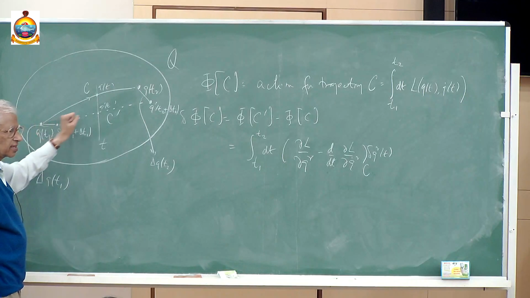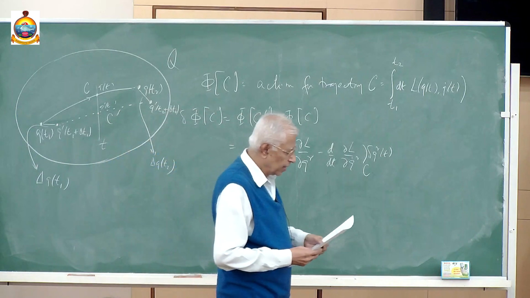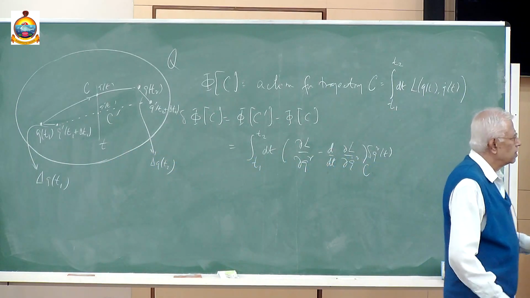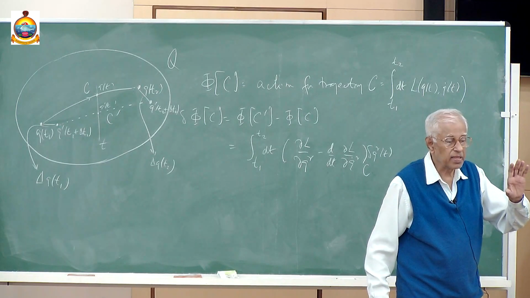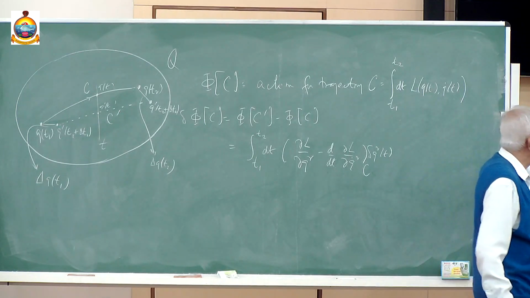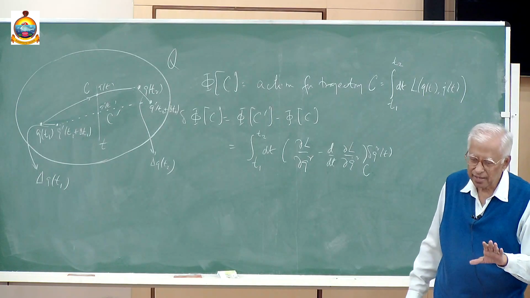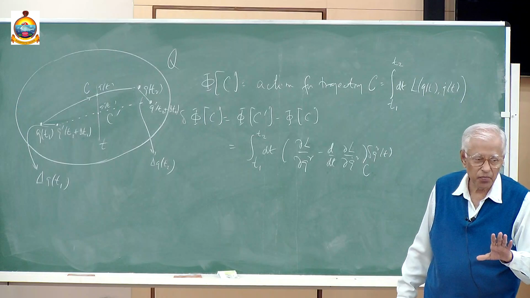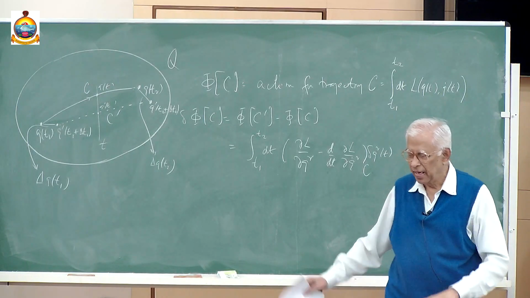So, the endpoints are not held fixed in configuration space. The principle says the equations of motion are obtained from the statement, the change in the action functional shall consist only of endpoint terms. This is a very careful statement.